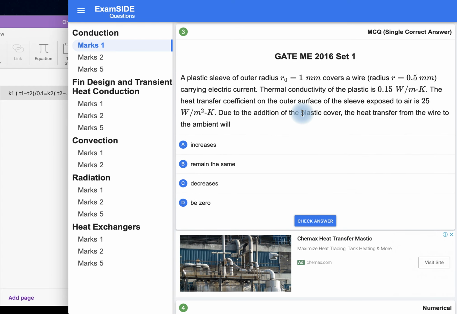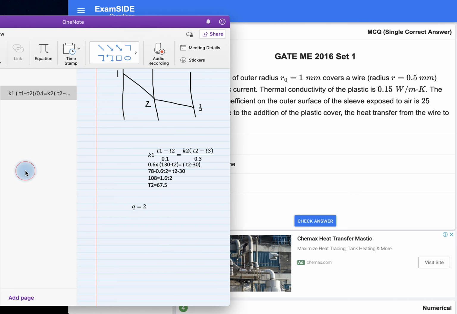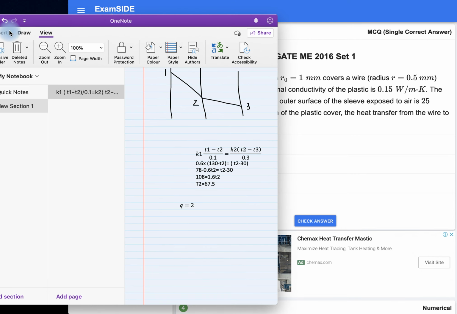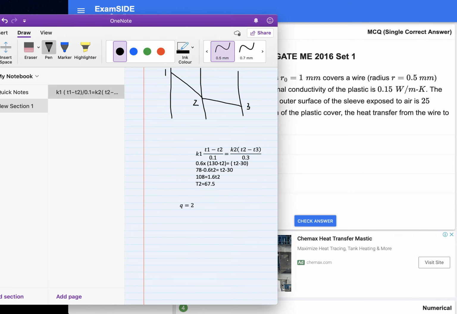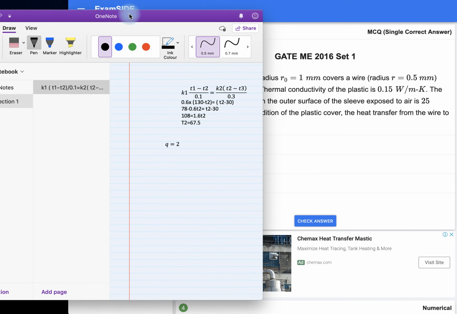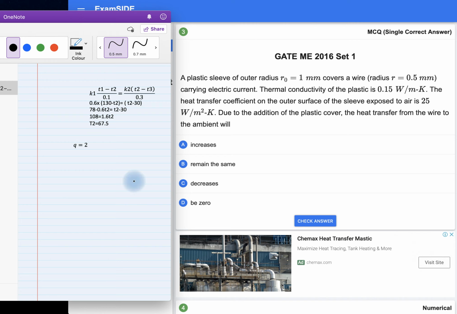Next question: a plastic sleeve of outer radius R0 of 1 mm covers a wire. This is the current carrying wire and here there is some insulation around it.